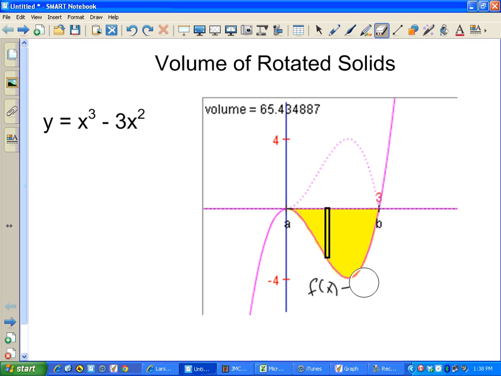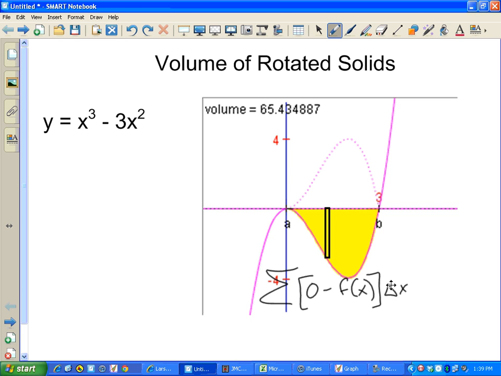Actually, in this case, since we're kind of flipped over, top is 0, and then we're subtracting our function value. That would be the height of this rectangle, and our width was the thing that was getting smaller and smaller, our change in x, our delta x.